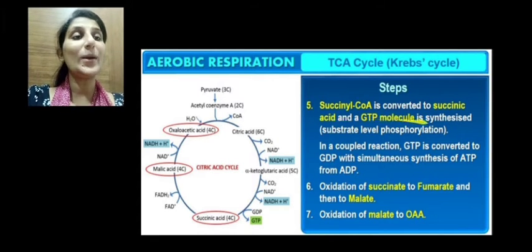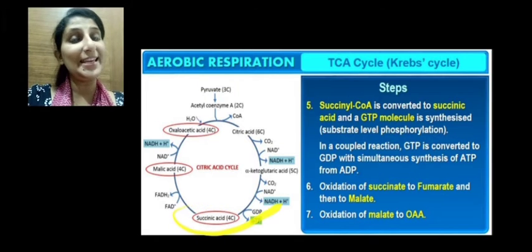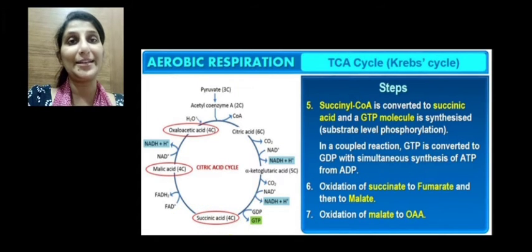And this succinyl coenzyme A is converted to succinic acid, which has 4 carbon atoms. Here substrate level phosphorylation takes place. Substrate level phosphorylation means a phosphate group is transferred from succinyl coenzyme A to GDP, an energy-rich compound.